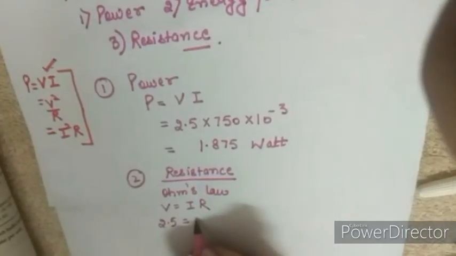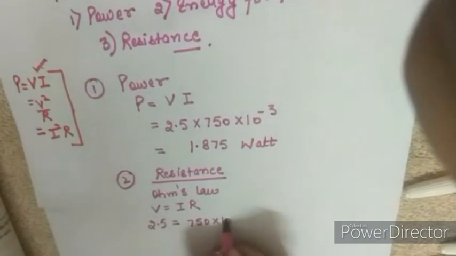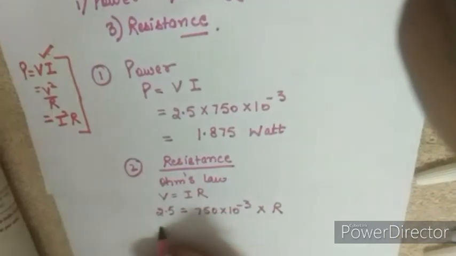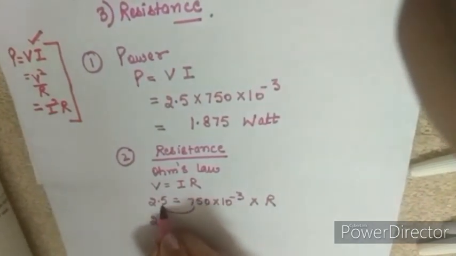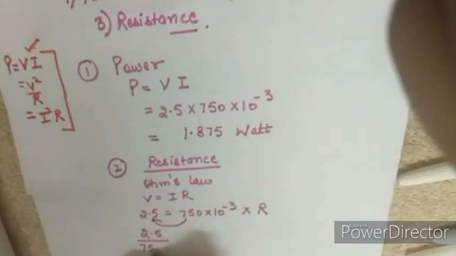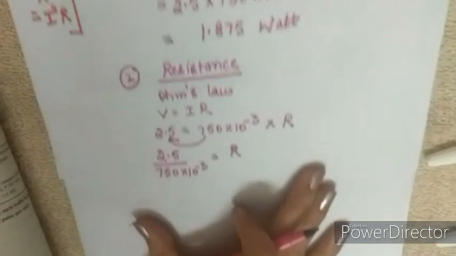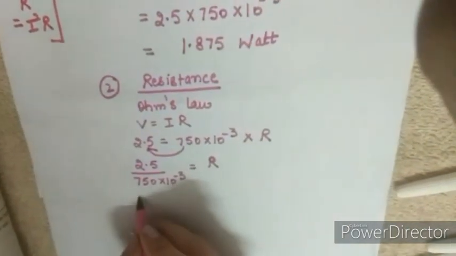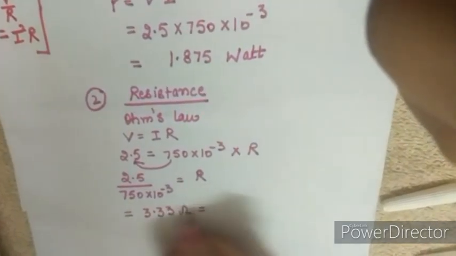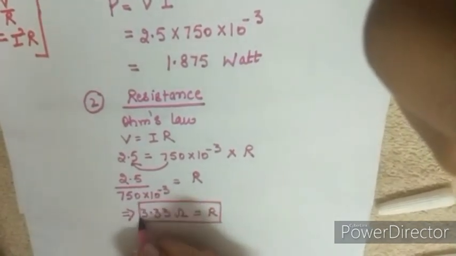I is given to us, that is 750 into 10 to the power minus 3, and we need to calculate the value of R. So move this 750 into 10 to the power minus 3 under 2.5. This will be equal to the resistance. So after solving this, you will get the result 3.33 ohms. So the net resistance across the circuit is 3.33 ohms.